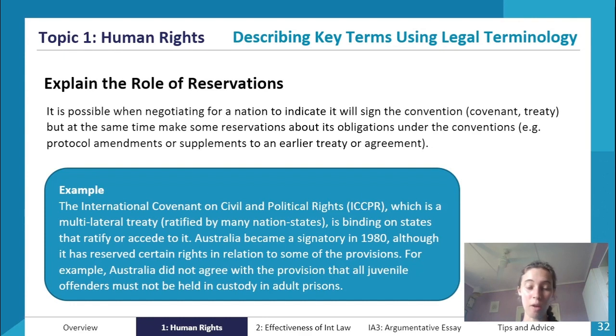So if there are some parts that the state doesn't agree with, then they can exclude that from the overarching thing that it's signing.